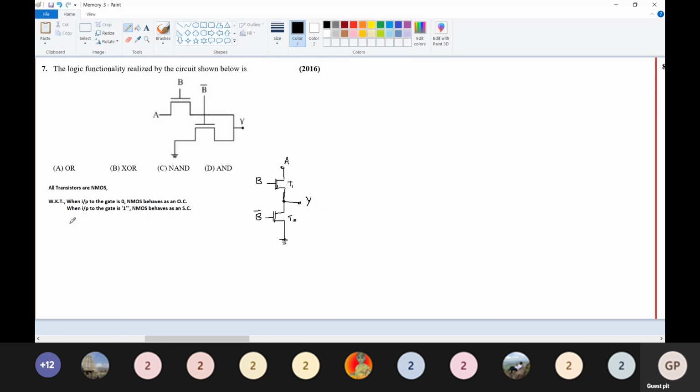So now, as we know, when input to the gate is 0, an NMOS behaves as an open circuit. Okay, so now case 1. So I'll take this circuit here. This is case 1. Here, if B is equal to 0, what is going to happen?